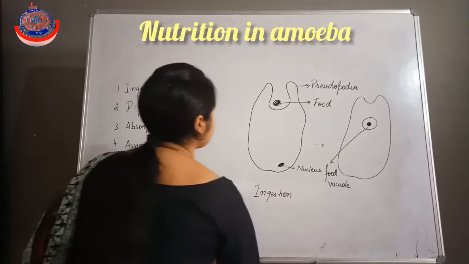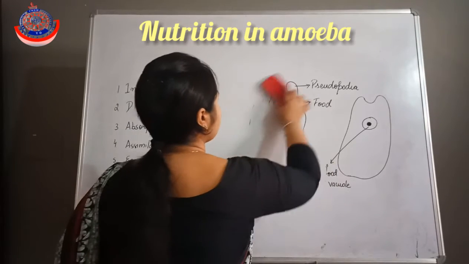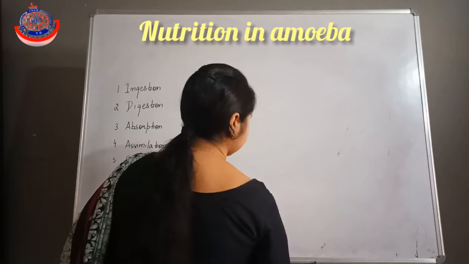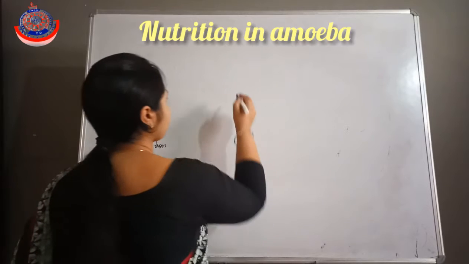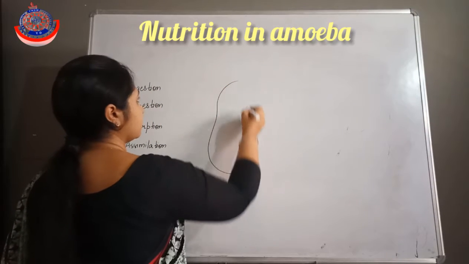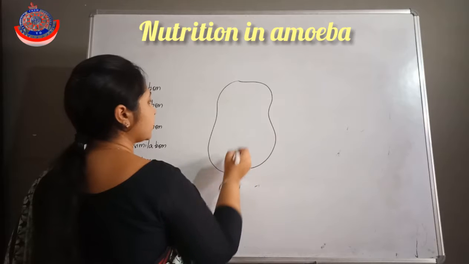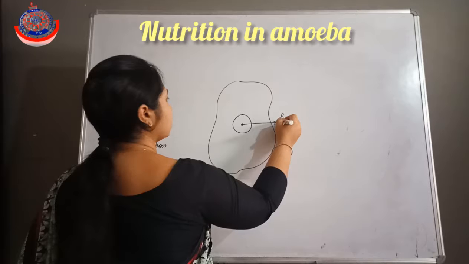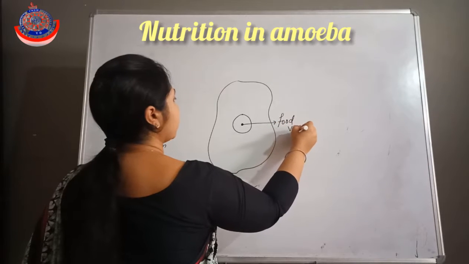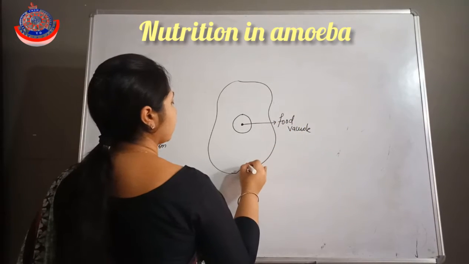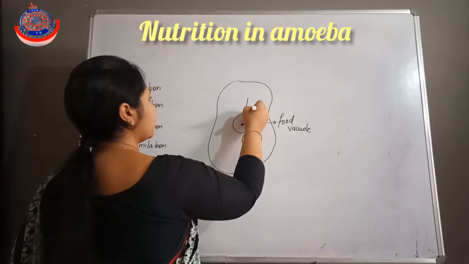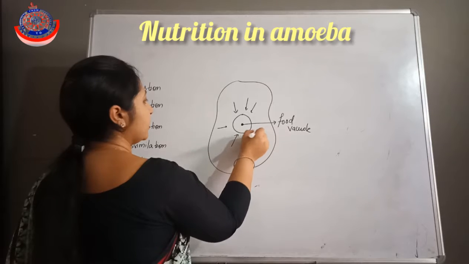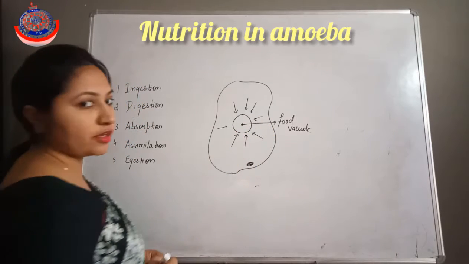Now the next process is digestion. In digestion, the enzymes which are present in the cytoplasm, like this is the food vacuole which is having food, and the enzymes present in the cytoplasm region enter the food vacuole.